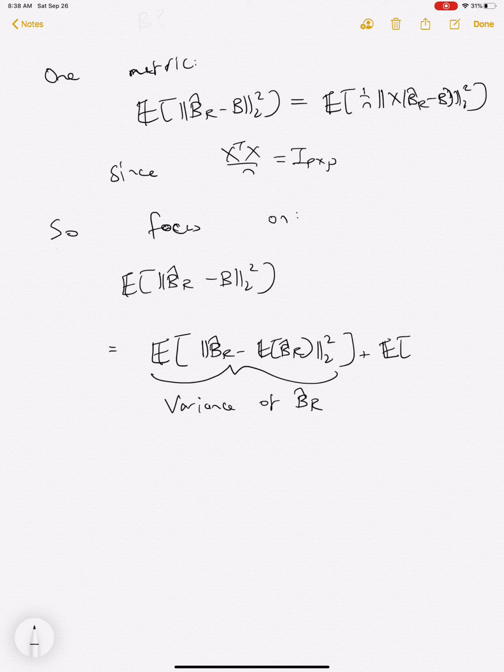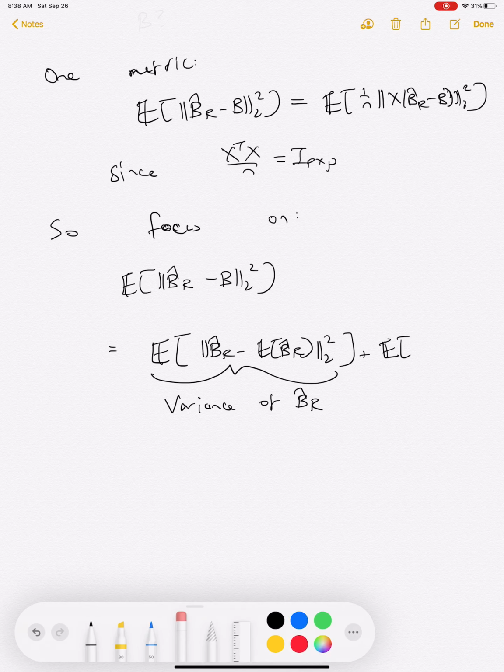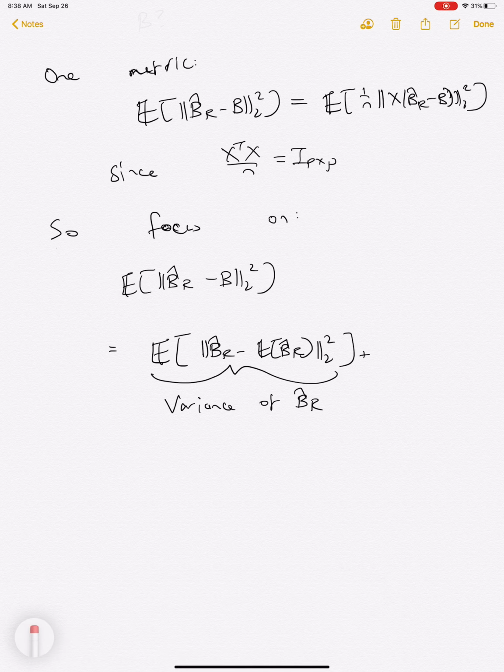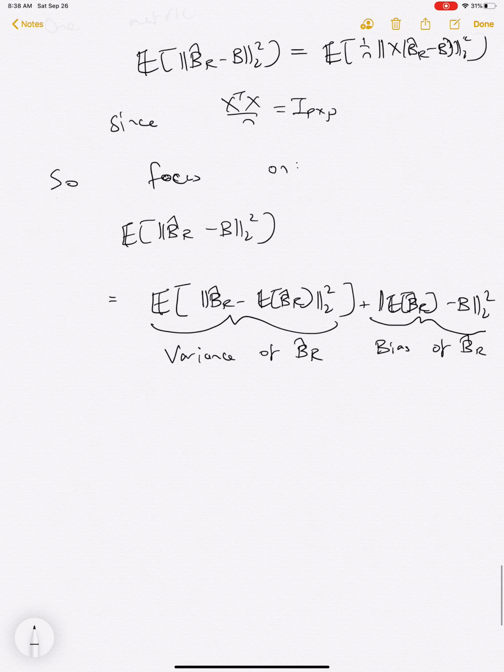So this goes back to this bias-variance trade-off that we saw. I did this calculation in about maybe the fourth or fifth lecture. So this is the multi-dimensional bias and variance here.